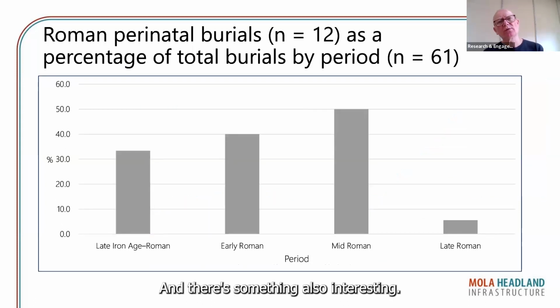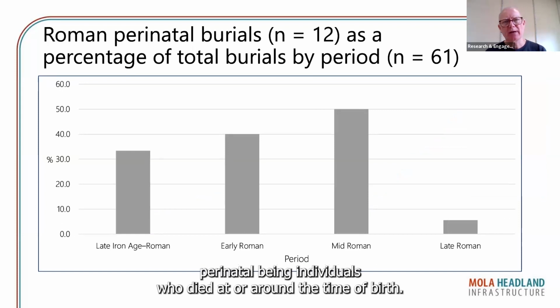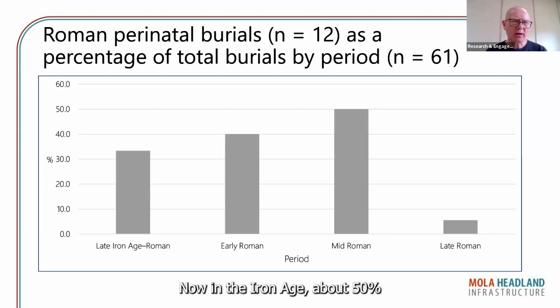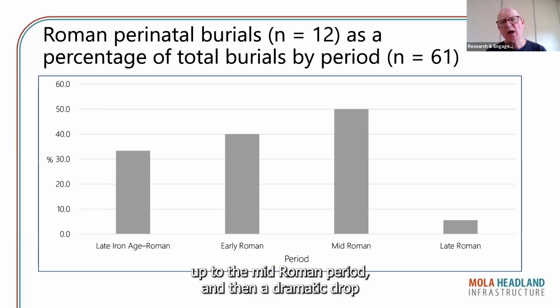And there's something also interesting if we look at the perinatal burials in the Roman period. Perinatal being individuals who died at or around the time of birth. Now, in the Iron Age, about 50% of all burials were of perinatal age. And again, we see this trend continuing into the Roman period up to the mid-Roman period.